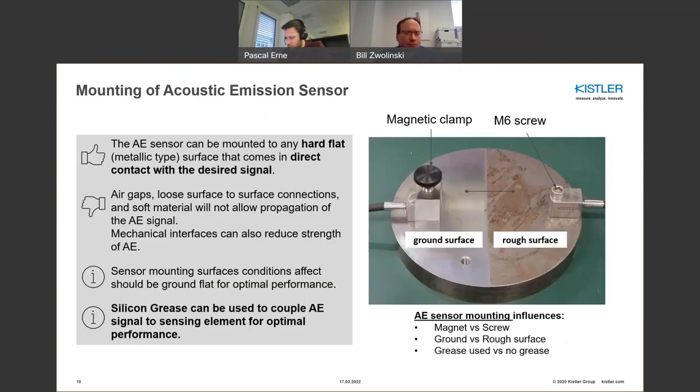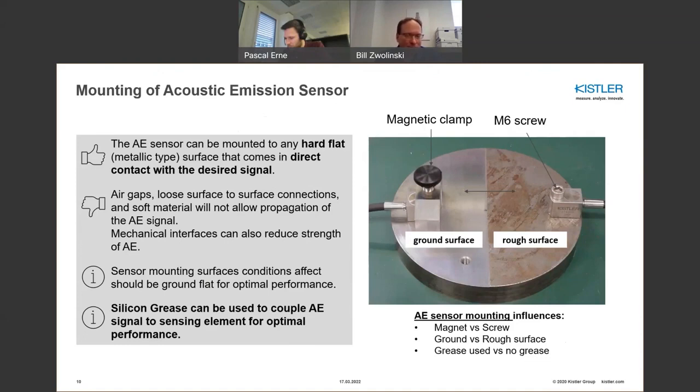In terms of things to remember with mounting of acoustic sensors, the surface finish or flatness is a parameter that you should take note of. AE sensors are typically mounted to any hard and flat metallic surface, but any air gaps or loose surface connections or soft materials will degrade propagation.